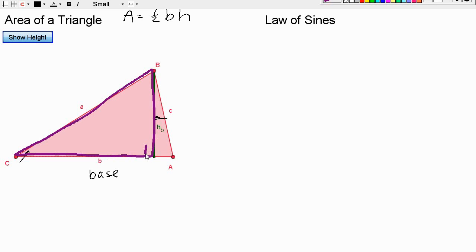That's right. I can use right triangle trigonometry and establish a pattern where A, the hypotenuse, and height, the opposite, can be put into a ratio that relates to angle C.